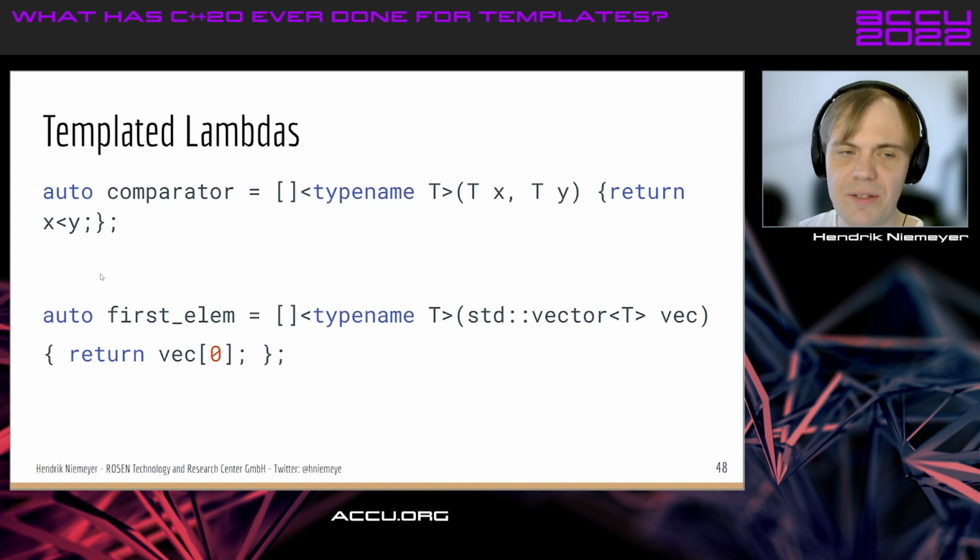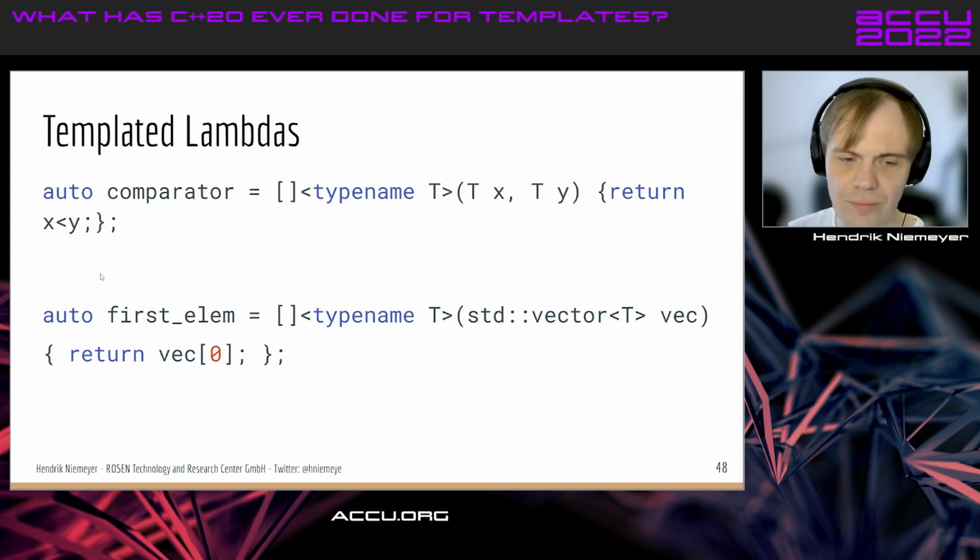But with C++20, we get templated lambdas. So we can put here again a template parameter list. And instead of auto, we can then write typename T and then use T for the arguments. And with that, we can force, for example, x and y to be of the same type.